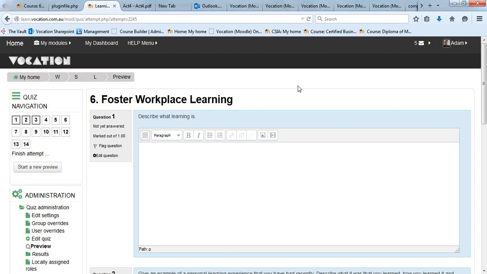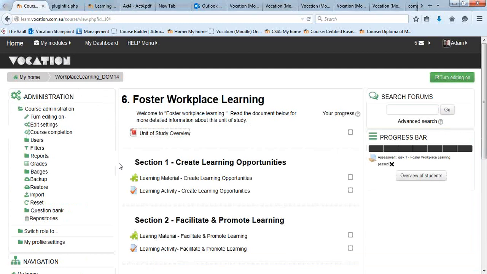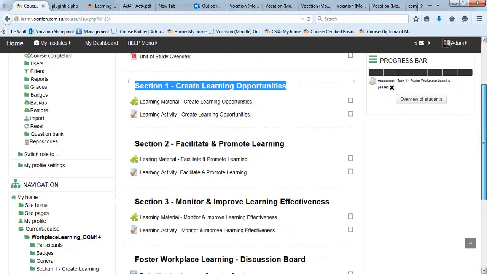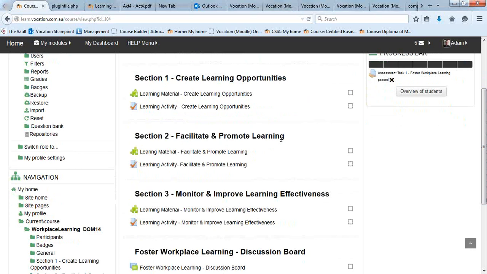Just before we start, the first series of learning activities is all about creating learning opportunities. That's probably the very first stage here. As we go through the other stages, they obviously follow a process when it comes to fostering that learning environment, but that very first step is all about creating learning opportunities.